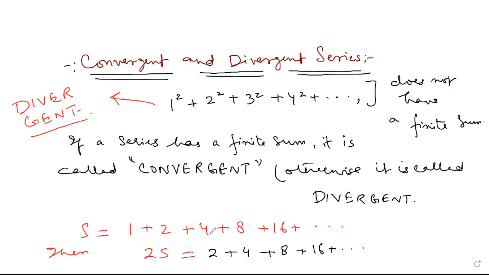If S is 1 plus 2 plus 4 plus 8 plus 16, then 2S is 2 plus 4 plus 8 plus 16 plus so on. Now 2S is also S minus 1, right? That means 2S is equal to S minus 1. If I now subtract S from both sides, I will get S equal to minus 1.